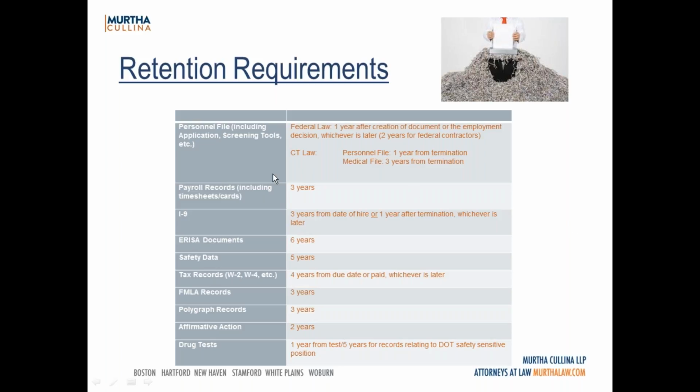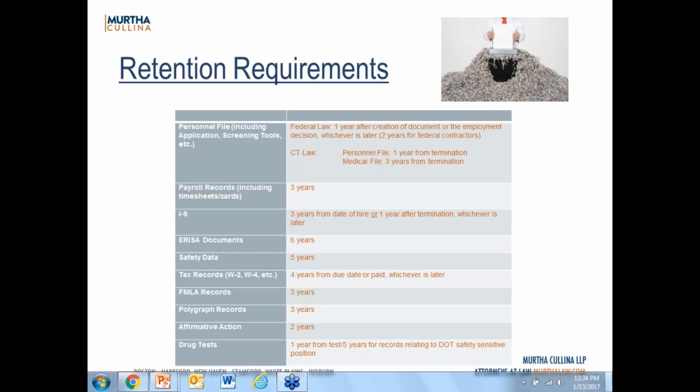So the next question deals with workers' comp claims and files. Separate and apart from your injury log, which also would tie into your OSHA 300 log, if you have individual claims by an employee of a work-related injury, those should go into the medical file.